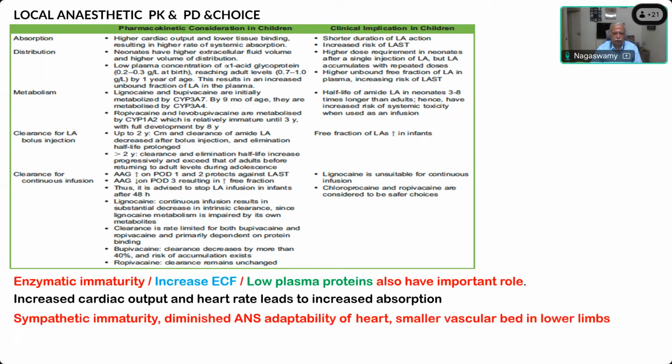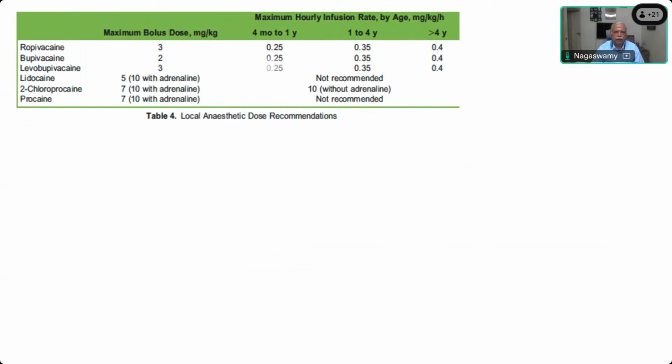Sympathetic immaturity, diminished autonomic nervous system adaptability, and small vascular bed in the lower limbs are all other reasons for the difference. And delayed acquisition of body schema and anxiety also is another reason for the changes that happen.